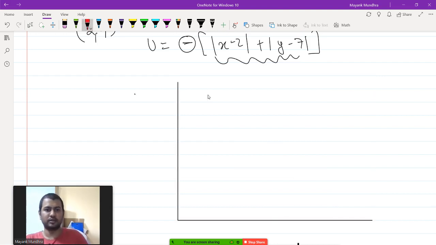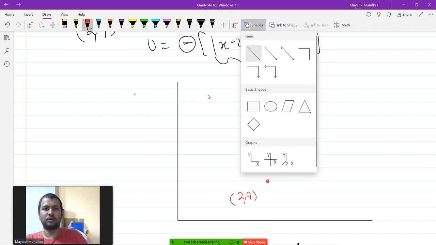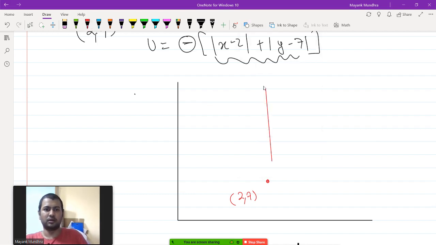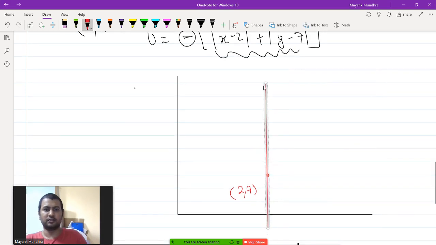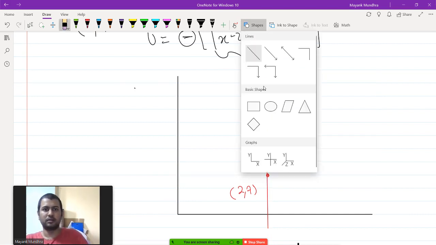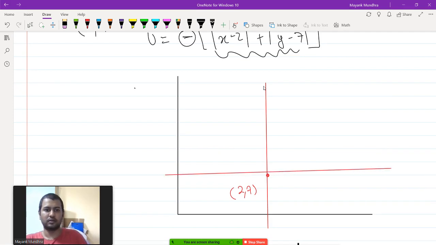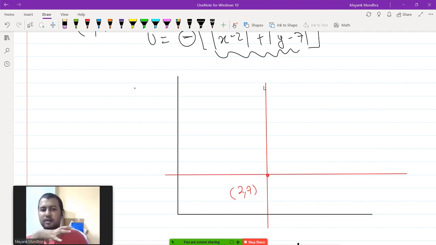This is your point, let's say 2 comma 7. From here I am going to draw the 4 regions. Okay, so I have now 4 regions.